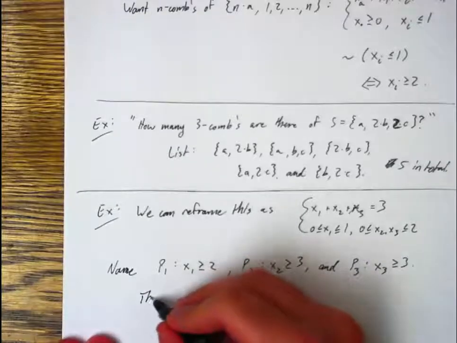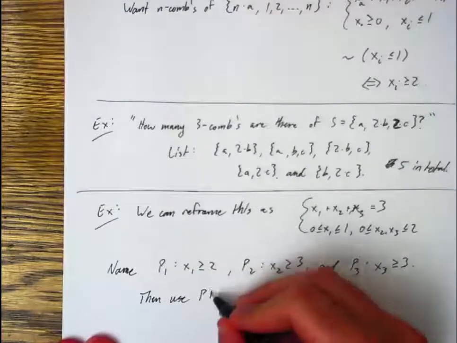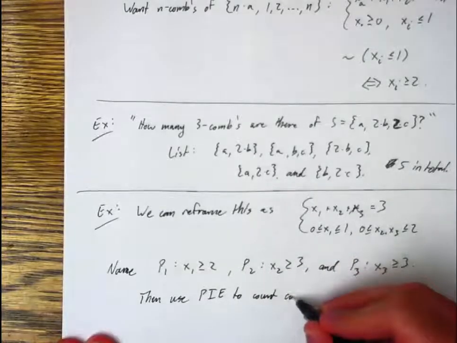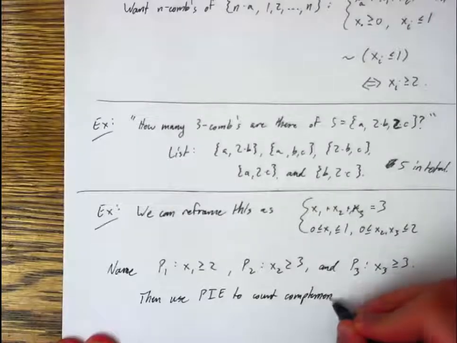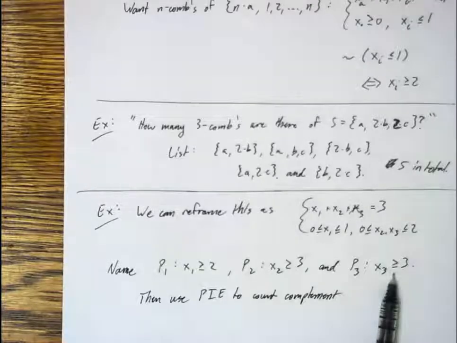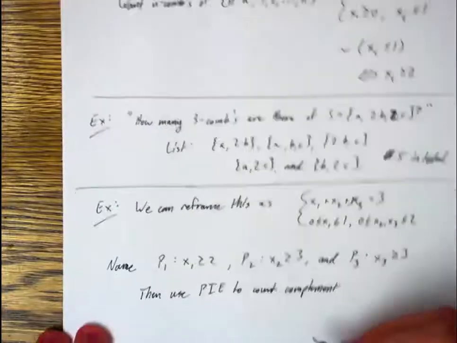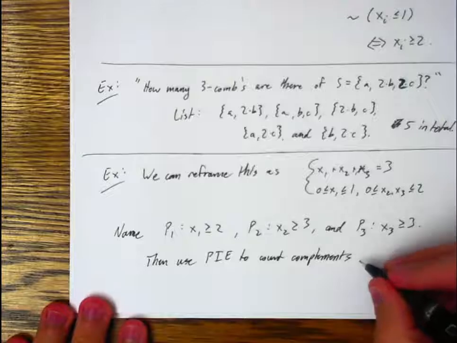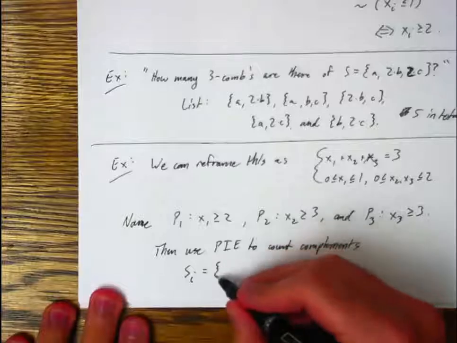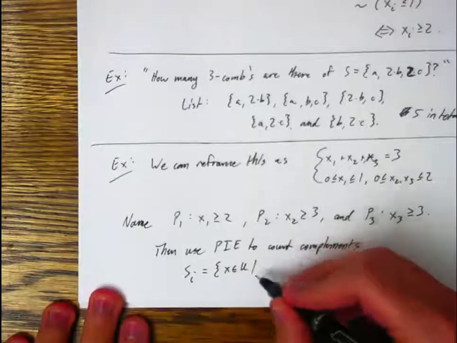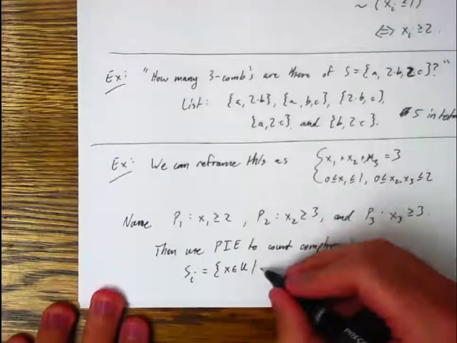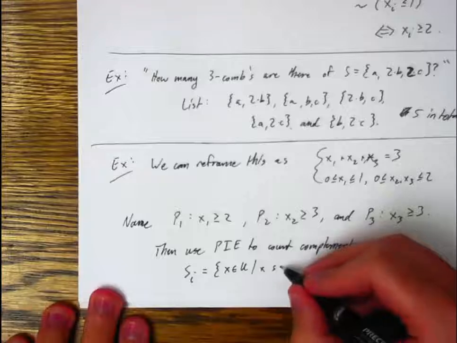So then we use the PIE to count complements in some sense. So we're going to count all the ways where we don't satisfy these 3 properties. And we're going to look at these sets Si, where x belongs to U, and I'll tell you what U is in a moment, because the universe isn't quite what you think it is in this problem, so I'll make sure to really clarify that.